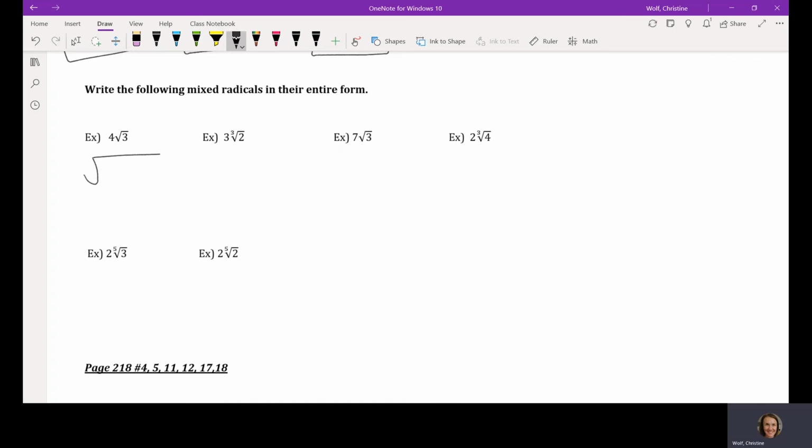Now, all you do is bring that 4 back underneath and square it again. Because when we took it out, we square rooted it. So when we send it back in, we square it. Okay? And then 4 squared is 16 times 3, and 16 times 3 is 48. And we're done. That was the original question.